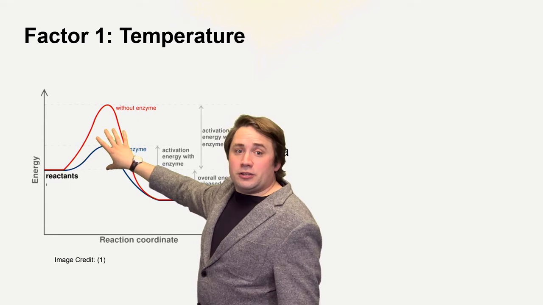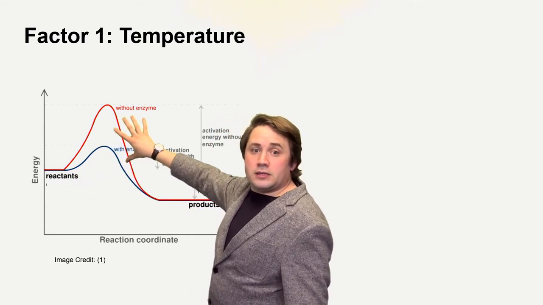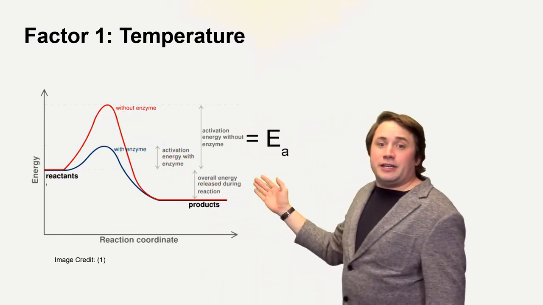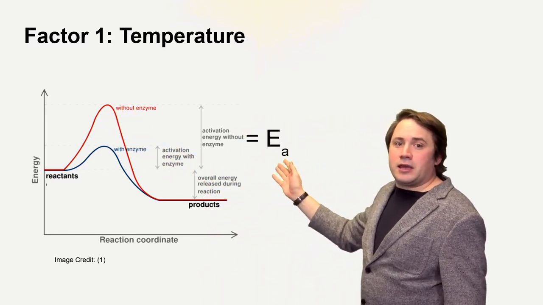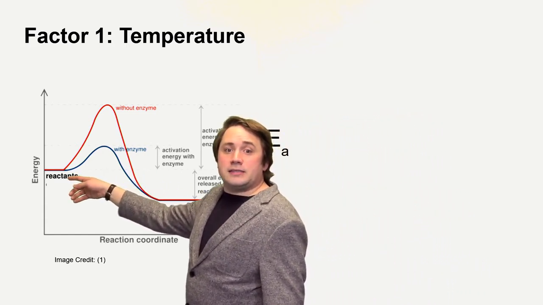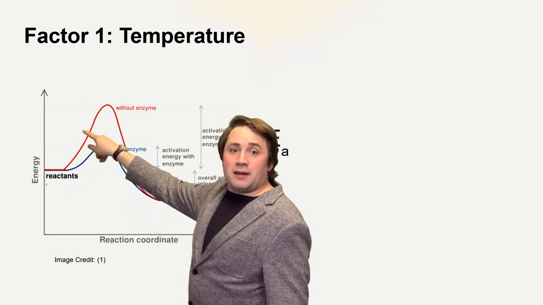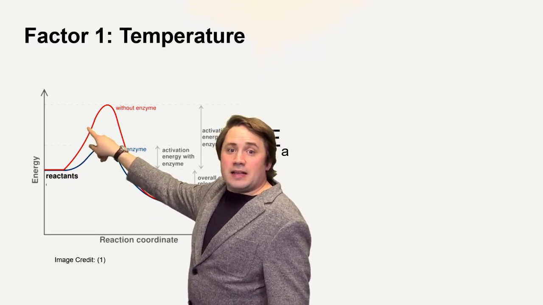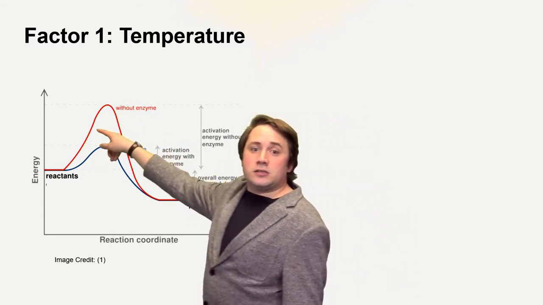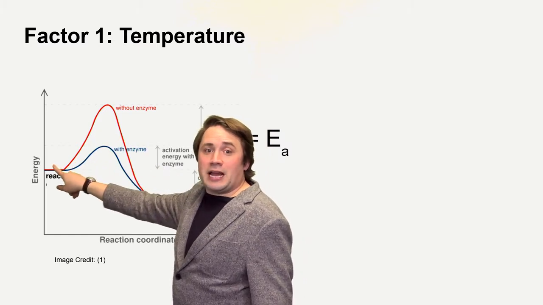And the amount of energy that they need to gain above their baseline energy level here, so this distance here on this axis, is called the activation energy, or E sub A. And so if a set of molecules that are reactants gains a little bit of energy and it puts it up to this state here, that's not enough energy to get over this hump and come down to form products. So if they gain a tiny bit of energy, they'll just relax and come back down to being reactants again.